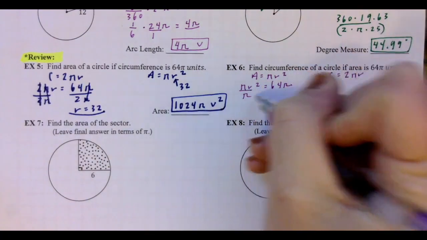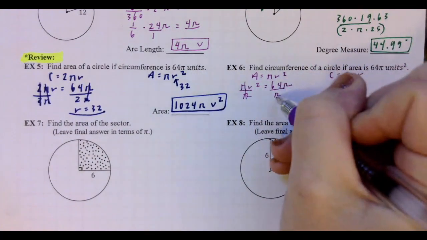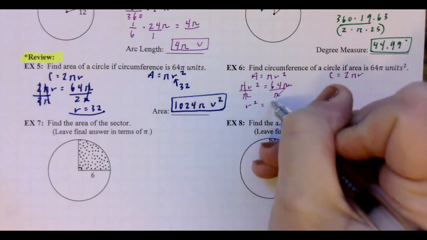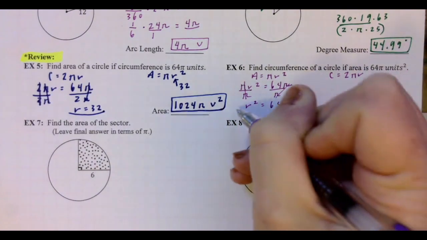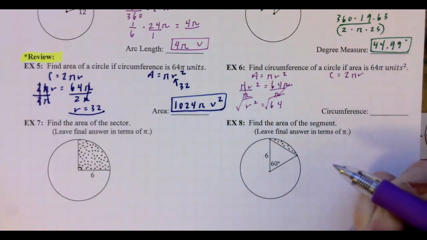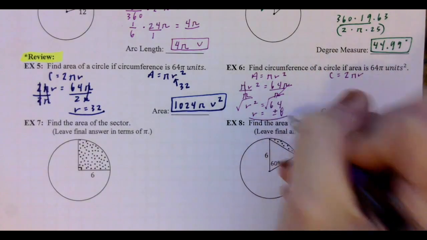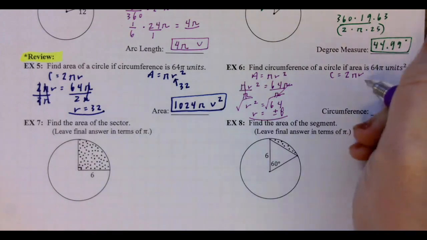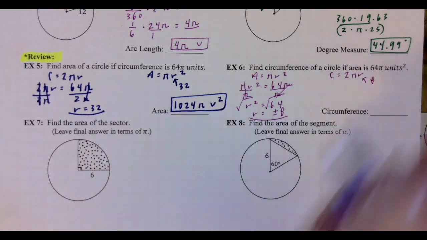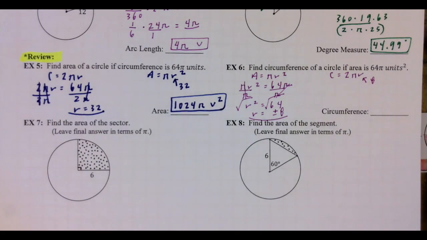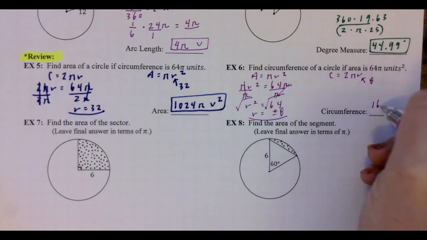Divide out the pi. Radius squared equals 64. Take the square root of each side. Algebraically, radius will be plus or minus 8, but obviously radius has to be just the positive. Can't have a negative radius measure. So 2 times 8 gets us 16 pi, and then U for units.